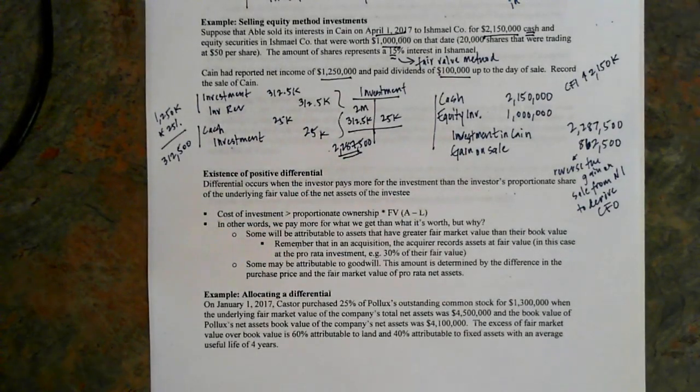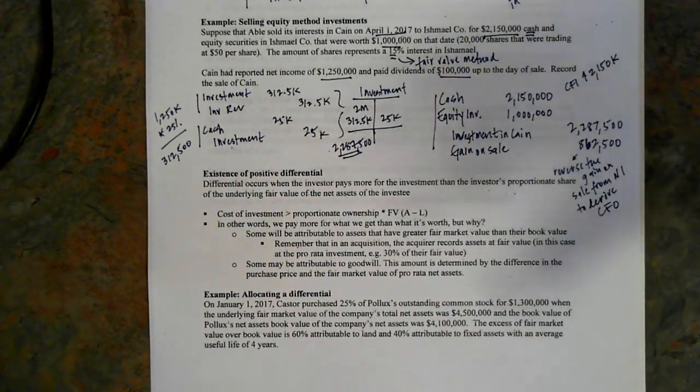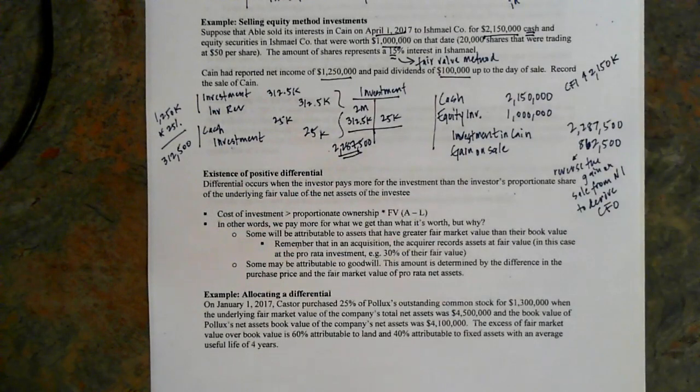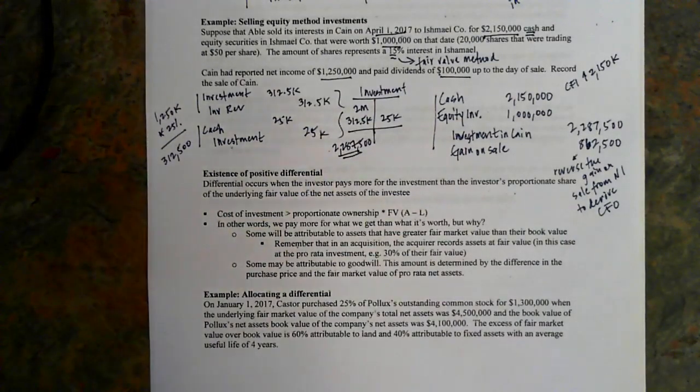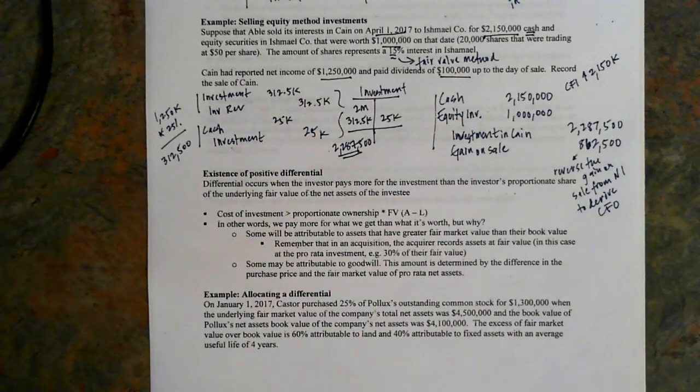Why? Because accounting initially begins with very verifiable estimates, like the historical cost of buildings, for example. However, over time, the book value of that building no longer represents really its fair value. And so when we purchase something, we're always purchasing at fair value.